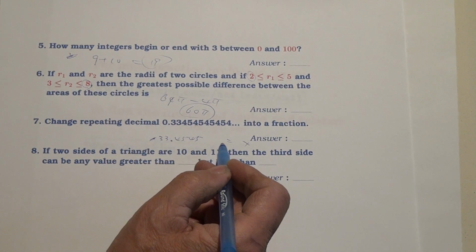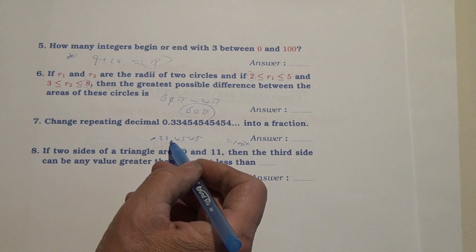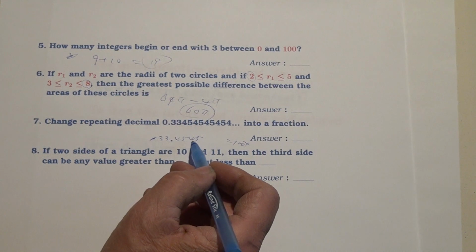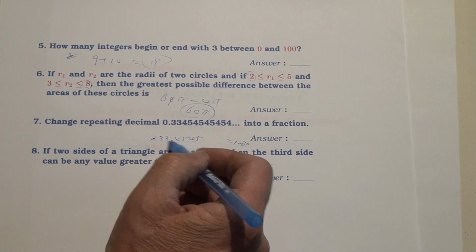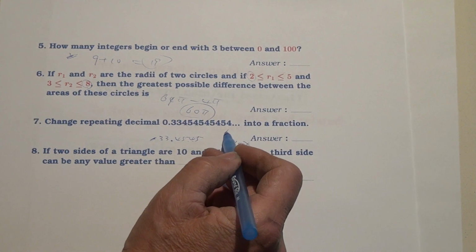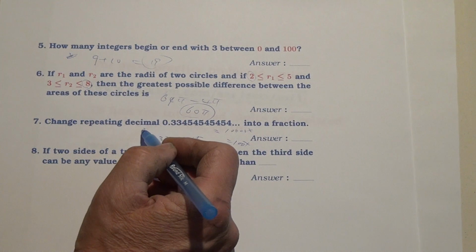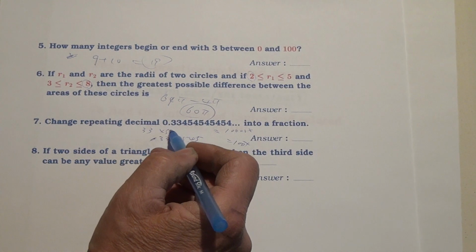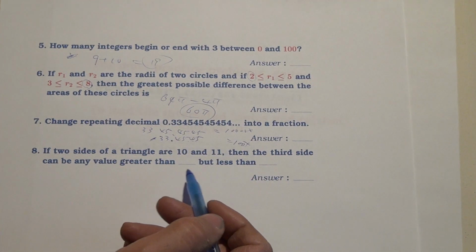How? Times by 100. And then you move the decimal again right before the second repeating part, and you write one more. Then what? Here, times by 100 again. So it will be this one, and then 3345.4545, like that. Got it, right?